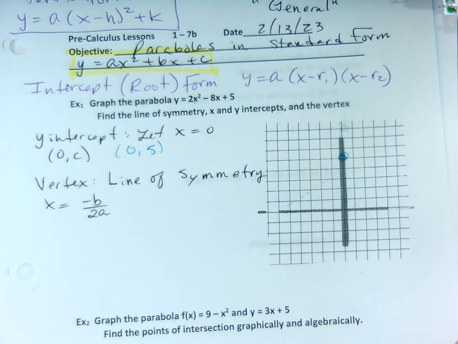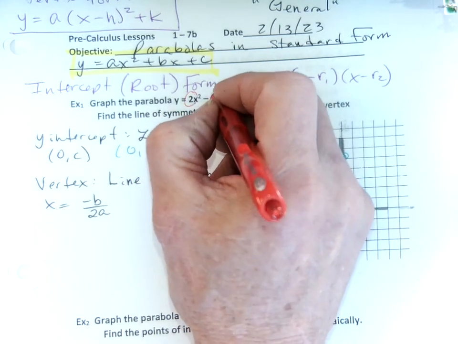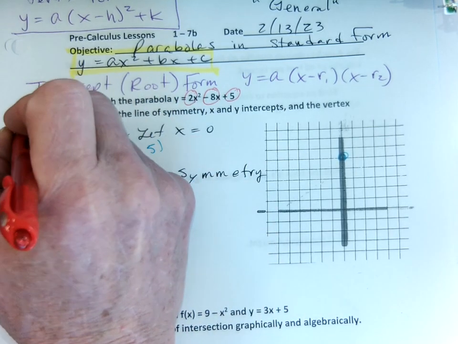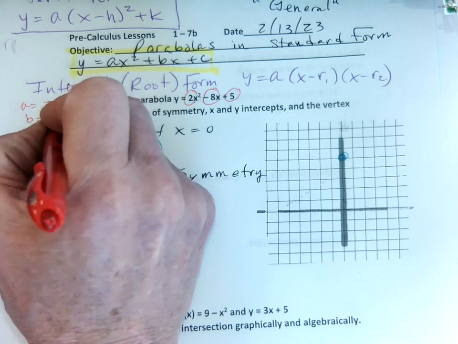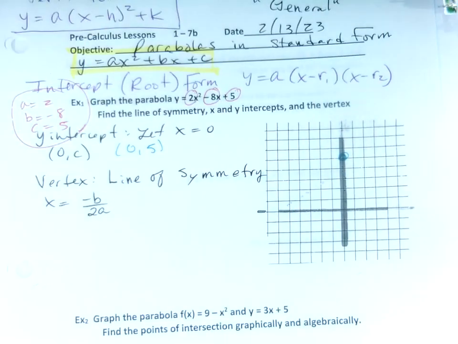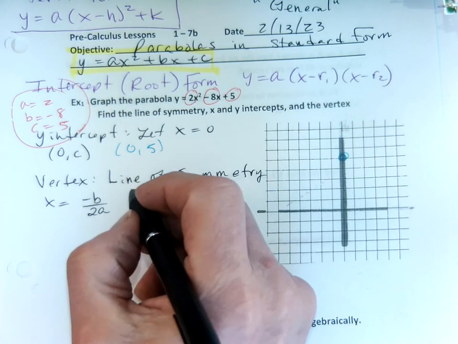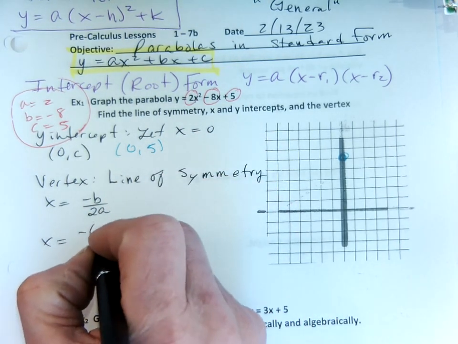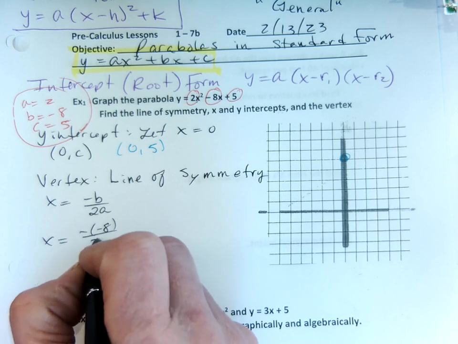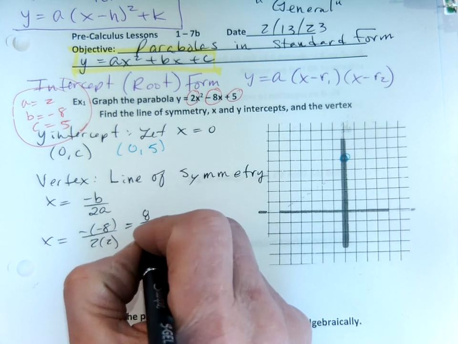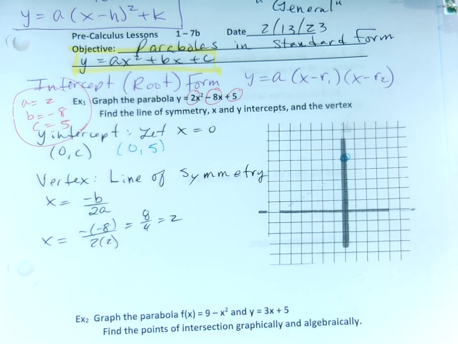In our example, we know our a is 2, our b is negative 8, and our c is 5. So using my mini formula, x equals negative b, which is negative 8, over 2 times a, which is 2 times 2, which is 8 over 4, or 2, okay?